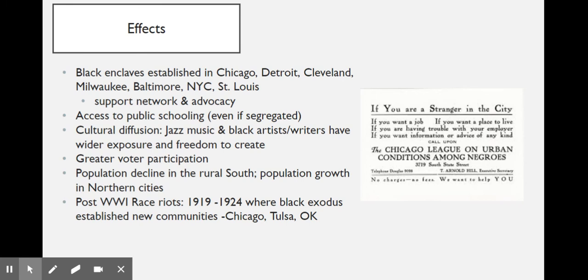Even in the North, something like the Chicago Tribune is not going to have many stories about African Americans. And when they do, they're typically going to be negative stories about criminality. If they're positive, maybe about athletics. So, how do you see news that's about your locality, about your people?